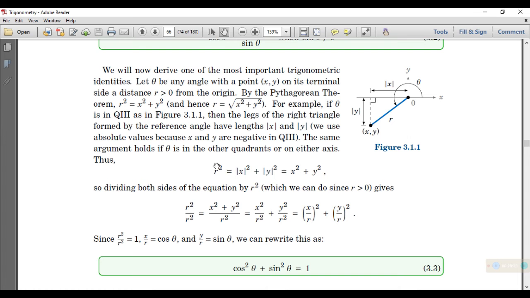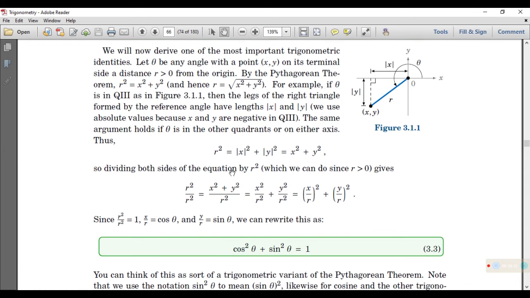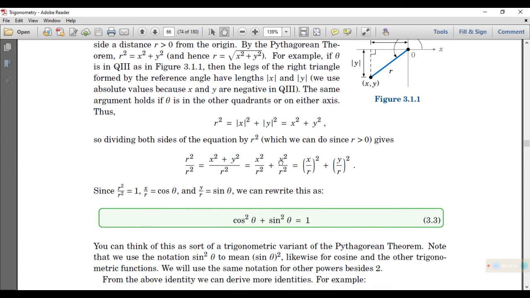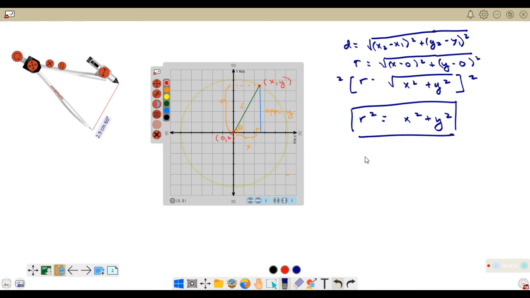Hindi naman pwede na 0, 0 parehas si x at si y kasi wala ka ng angle pagka ganon. Point na lang siya. Wala kang angle. So, dito, divide natin both sides.